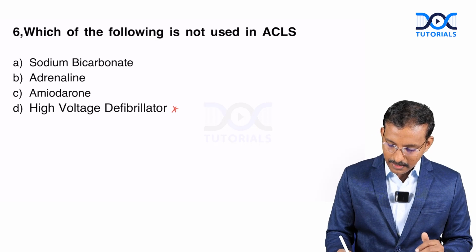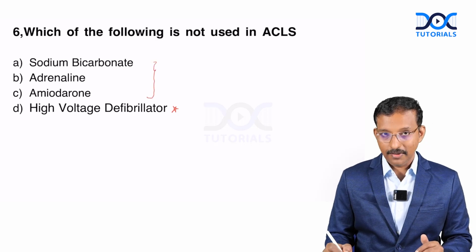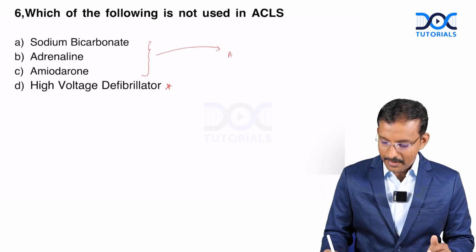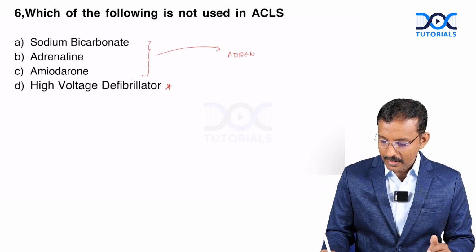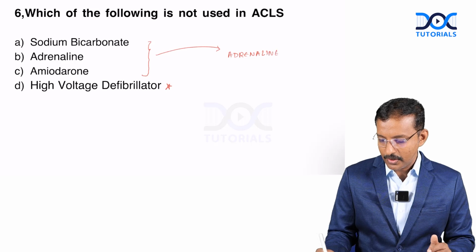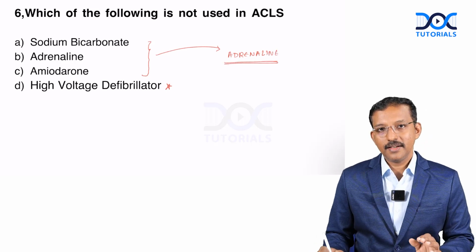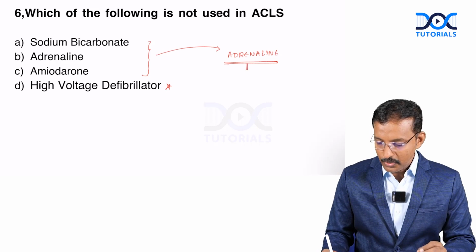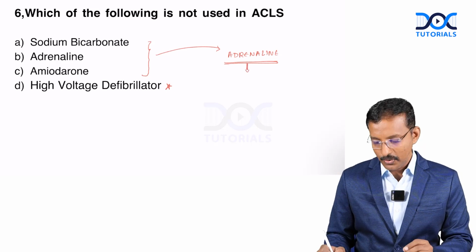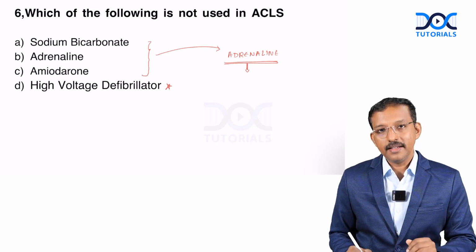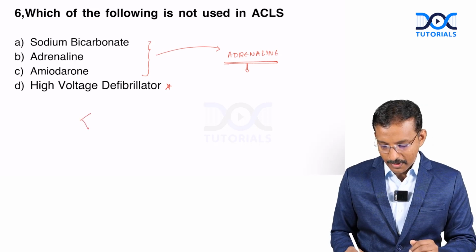Now coming to the drugs, these are the three drugs available, of which we have studied that adrenaline is the drug of choice in any case of cardiac arrest. Now see, when do you choose adrenaline? For that we should know, when you go and attach an AED, there can be two kinds of rhythm: a shockable rhythm or a non-shockable rhythm.